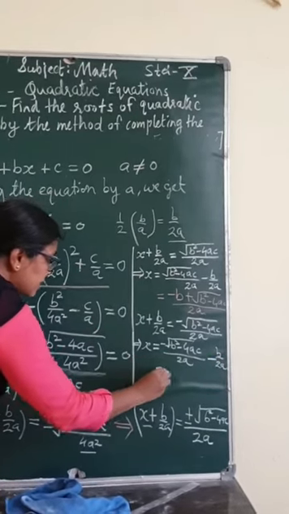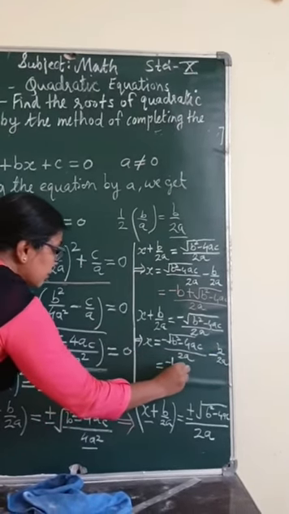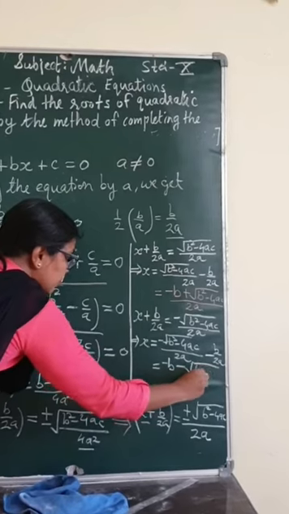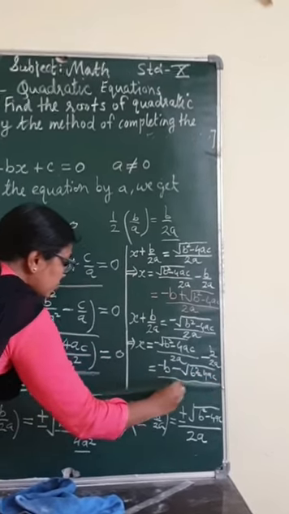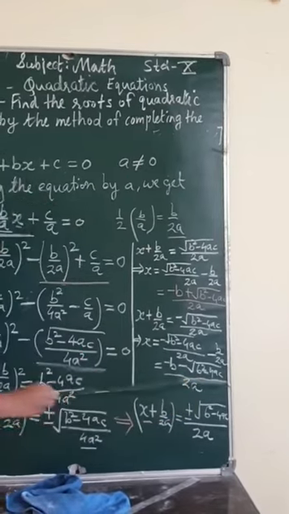So that gives us minus b minus square root of b square minus 4ac upon 2a.